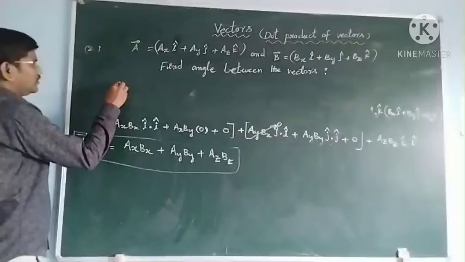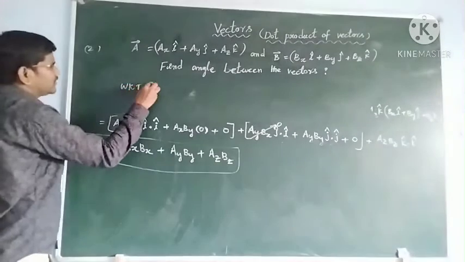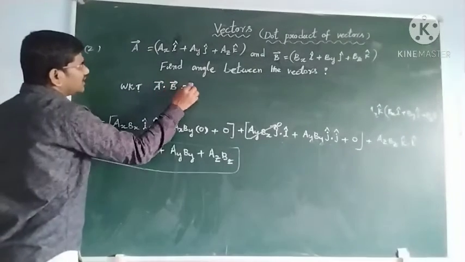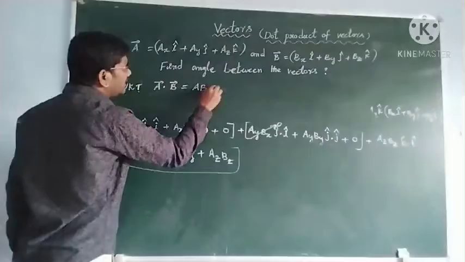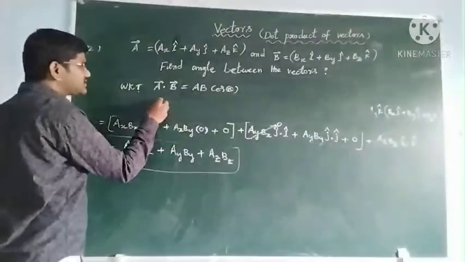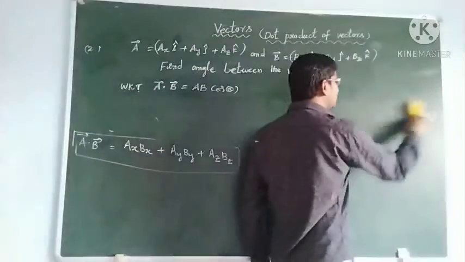So we know that a bar dot b bar is equal to ab cos theta. So angle between the vectors means we have to take cos theta.